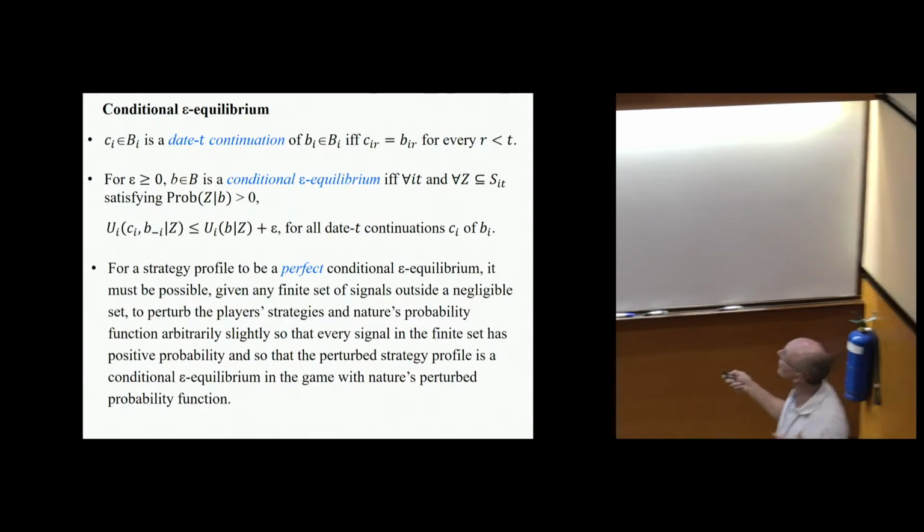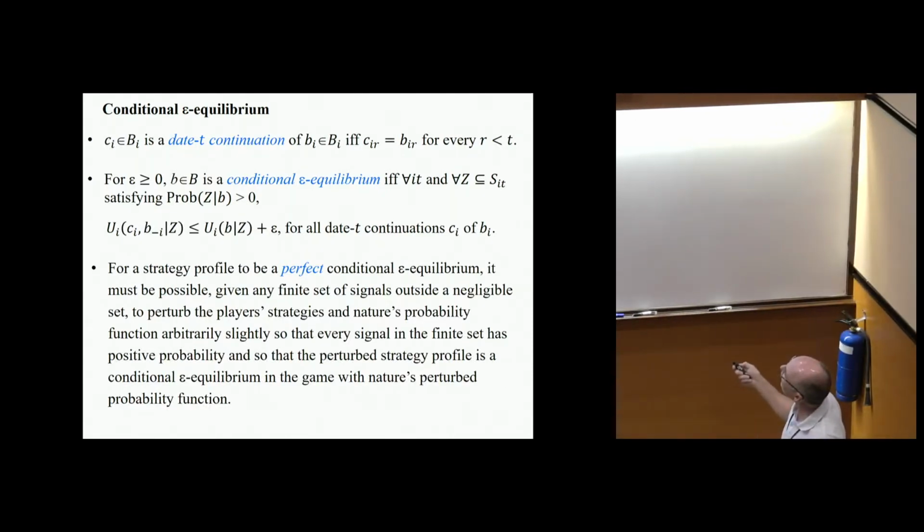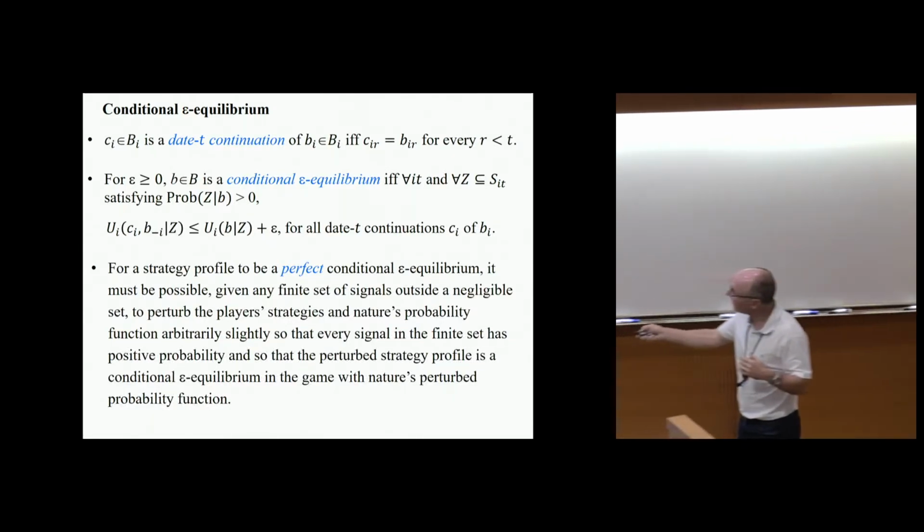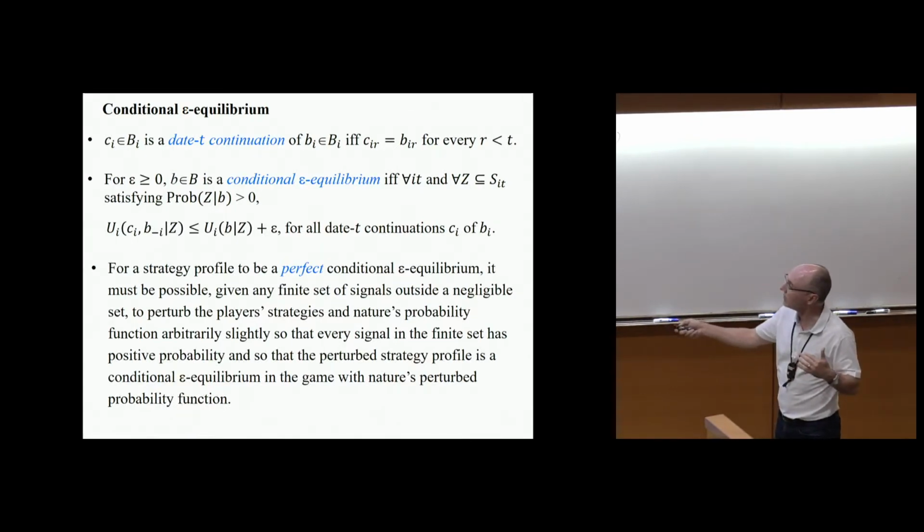So under that perturbation, of the players and nature, the perturbed strategy profile is a conditional epsilon equilibrium.